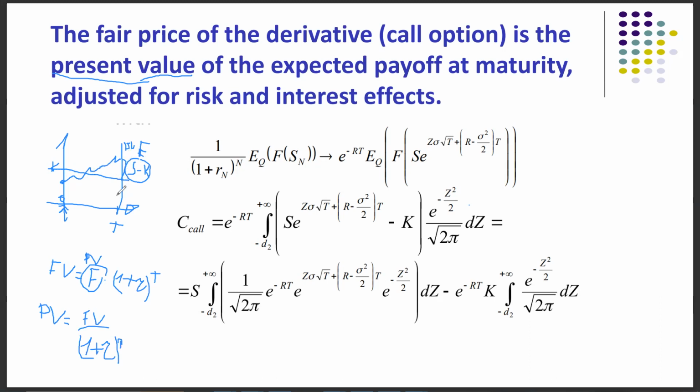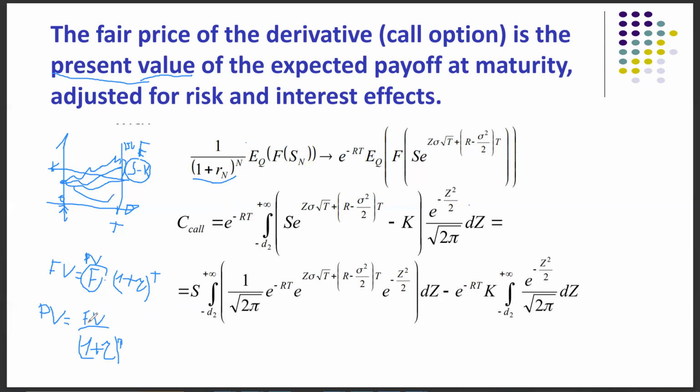So we need to find the mathematical expectation over all values, taking into account all these trajectories. So that is the fair price: future value divided by the discount factor.